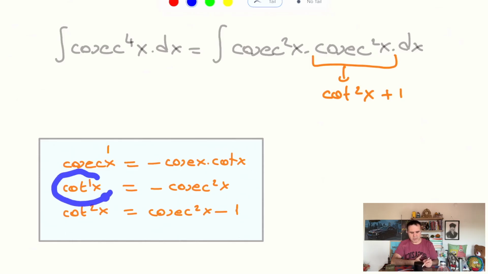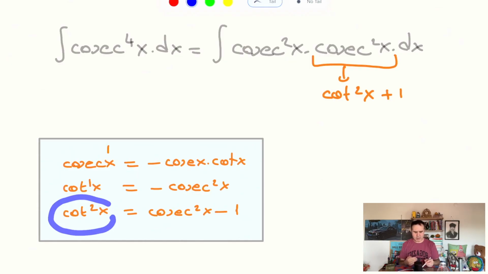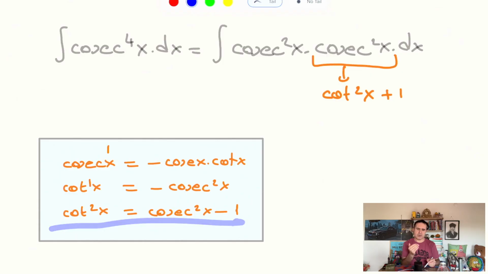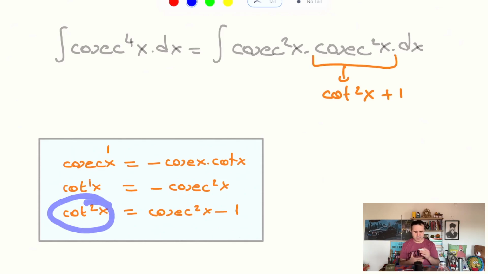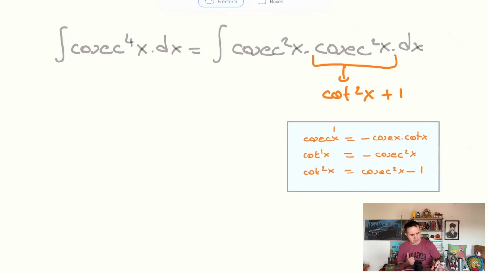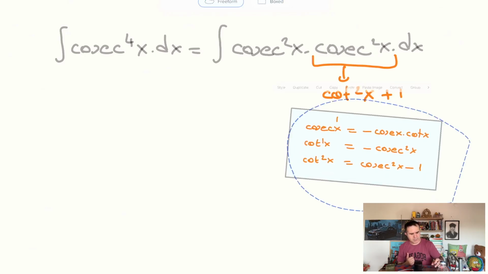And if you can't remember the derivative of cotangent x, you should write cotangent x as cosine x divided by sine x and take the derivative. And if you can't remember this equation, then you should write cotangent x as cosine x divided by sine x, and after squaring it you will get cosecant square of x minus 1. Okay, take this to here.